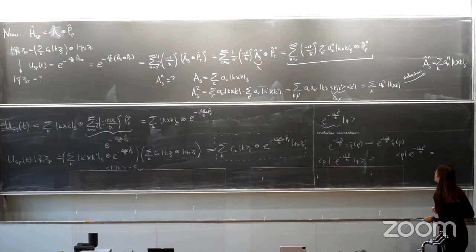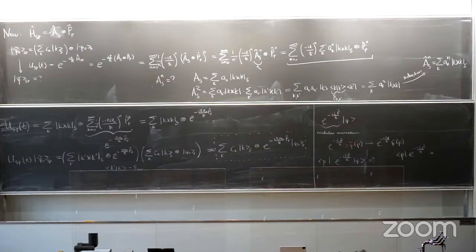Can somebody tell me? Yes. You could expand the exponential and then you have p raised to the power of n. And because the basis of p is p, you just get the momentum out, then you contract the summation again and you get an exponential without the operator, just the number. Yes, exactly. Very good.